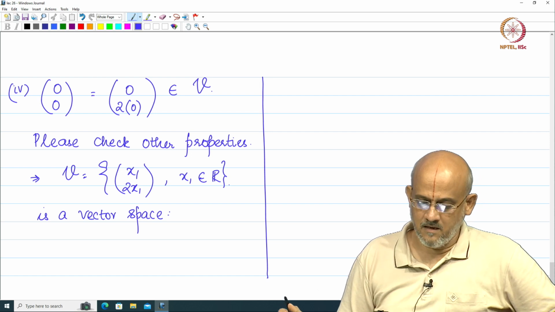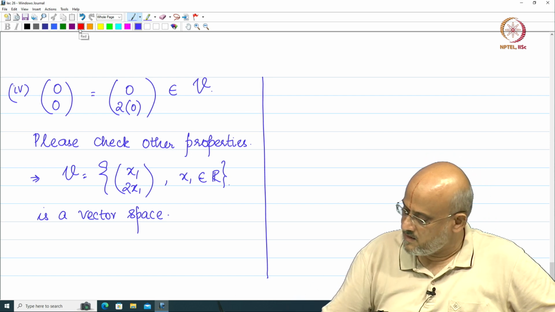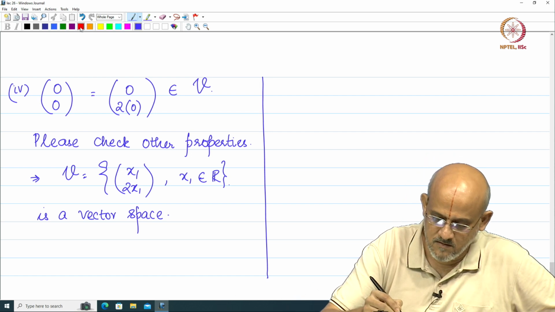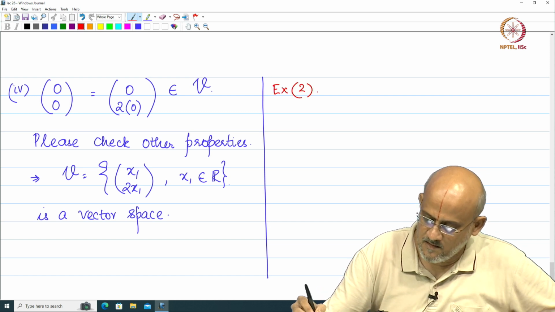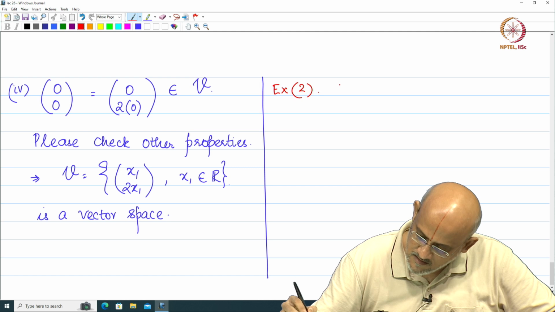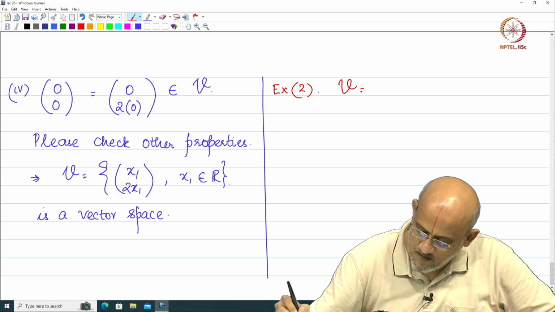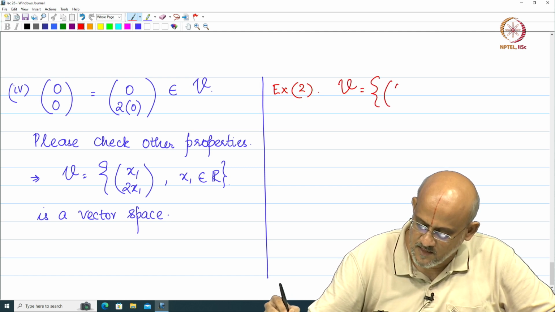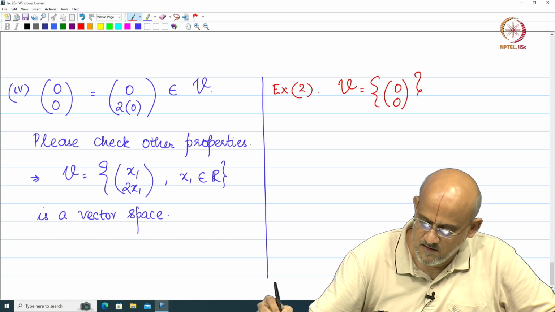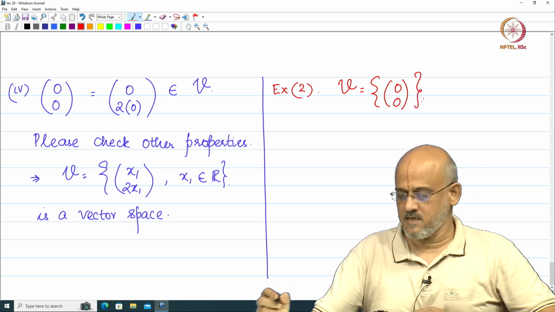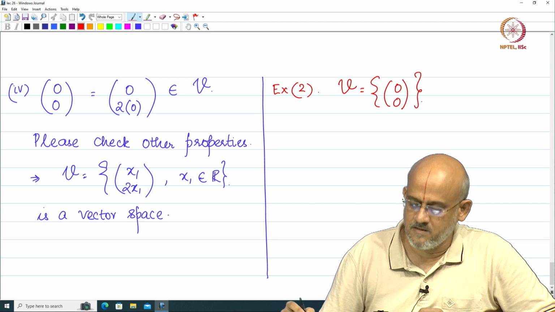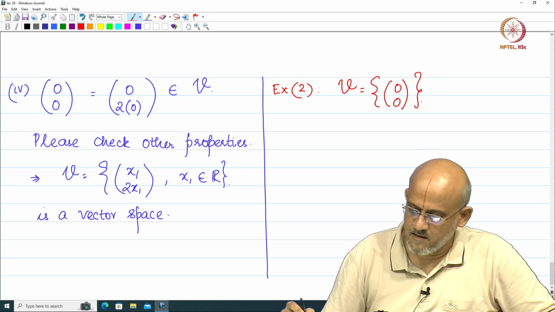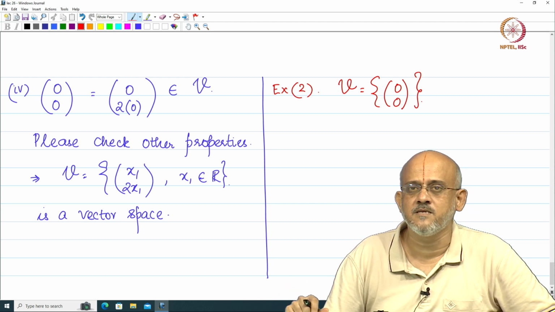I am going to take one more example now. This is example 2. Let us look at this vector space V which just contains the 0 vector. Since it contains only the 0 vector, all that you can do is add the 0 vector with the 0 vector itself.